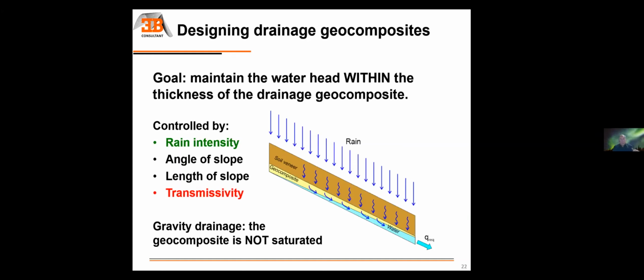So when this is converted into technical measurements which are specific to the product, that means that the flow capacity of the geocomposite must always be higher than the flow that may eventually reach this geocomposite. So these parameters are controlled by the rain, angle of the slope, length of the slope, and obviously the transmissivity or flow capacity of the geocomposite.